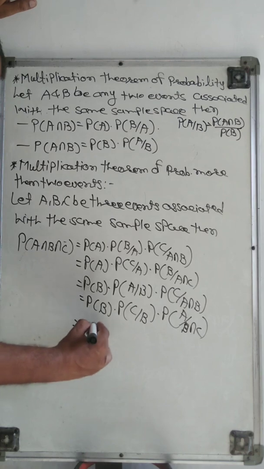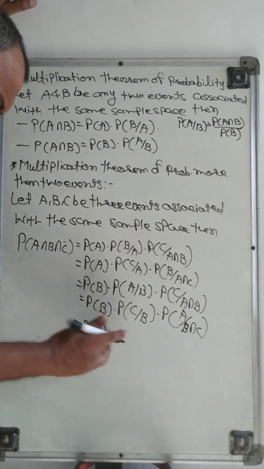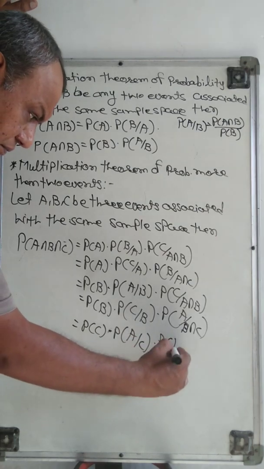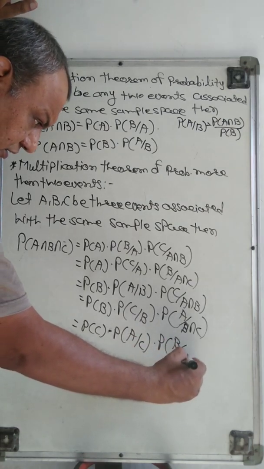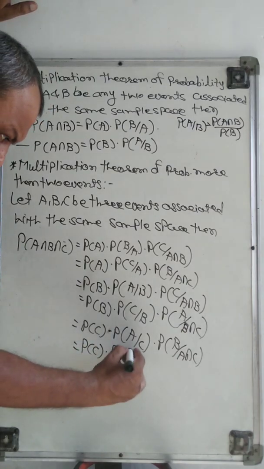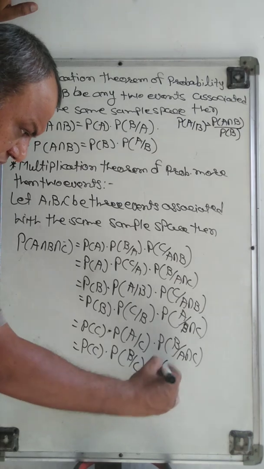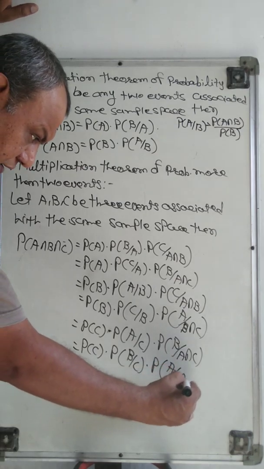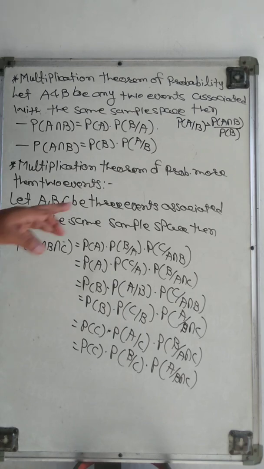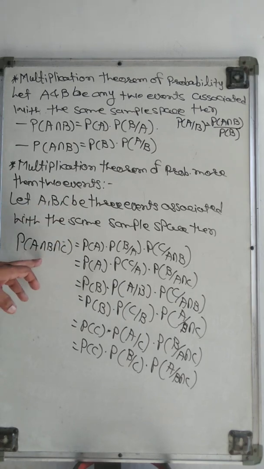Same way P(C) into P(A|C) into P(B|A intersection C), and P(C) into P(B|C) into P(A|B intersection C). So there are 6 ways in which we can apply the multiplication theorem of probability for more than 2 events, right? Here we take only 3.